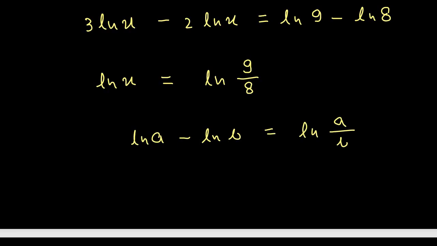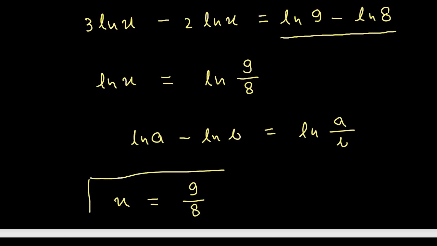So we have applied this rule here. ln 9 minus ln 8 equals ln 9 by 8. So we can see that both sides have ln. So we can write x equals 9 by 8. So this is our solution for the given log equation.